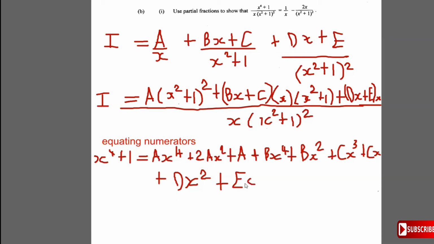Nice. It looks confusing, but it's very easy.